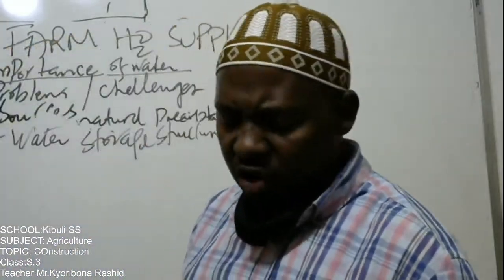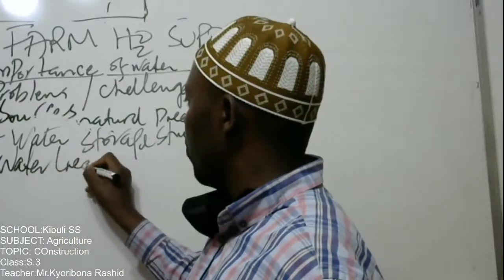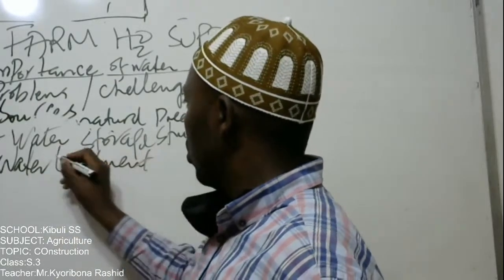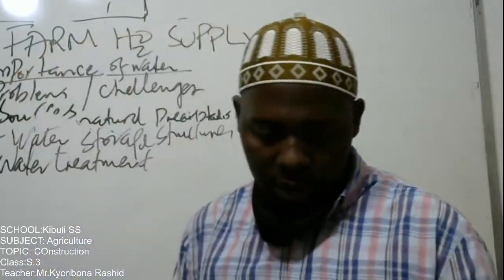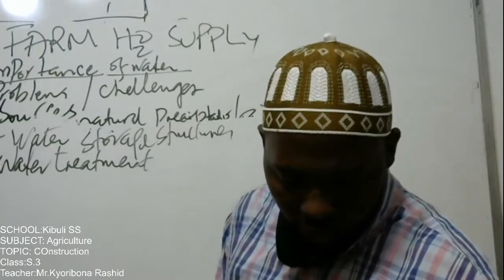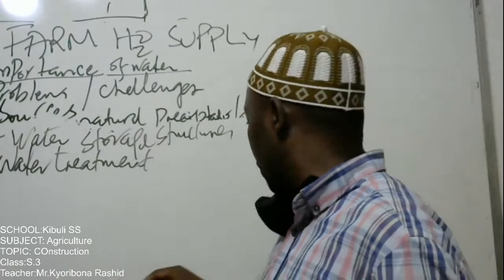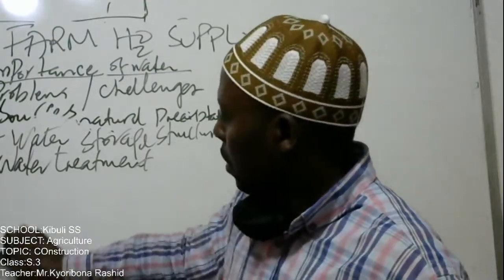How do we treat this water? Water treatment on the farm. So you need to just read about how we can treat water. We boil. Okay. Filtration. Storing it for a long period of time. We can add chemicals like chlorine. Okay.